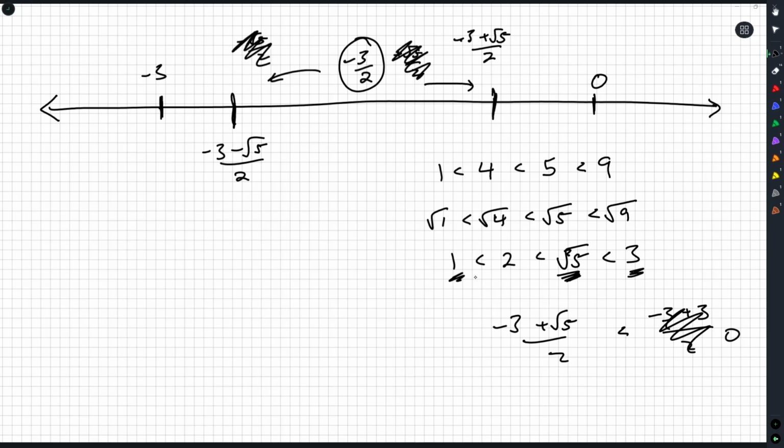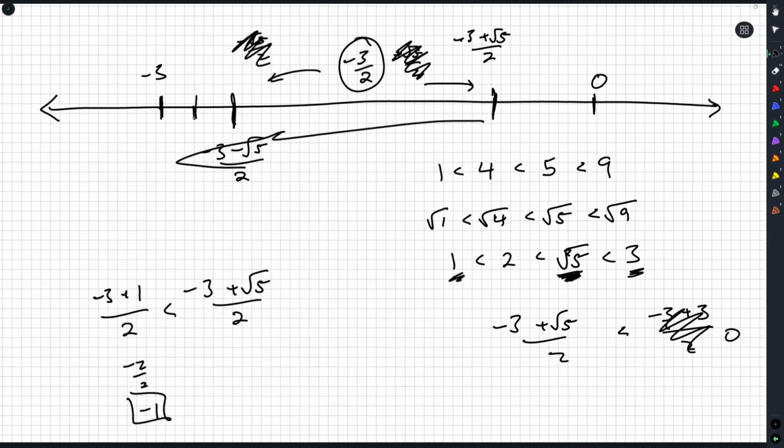Okay, 1 is less than √5. So (-3 + √5)/2 is going to be bigger than (-3 + 1)/2, and that's -2/2, so that's -1. So -1 is definitely on this side, but how do I know -1 isn't over here? Well, -3 - √5, subtracting something from -3, is definitely less than adding on 1.